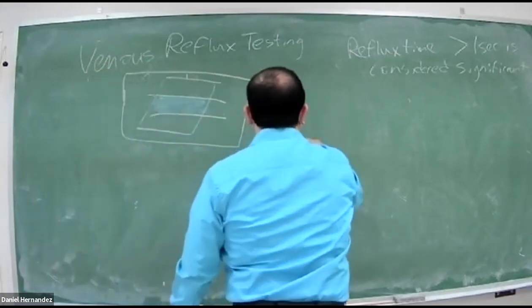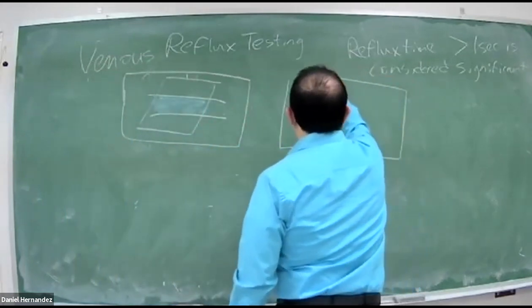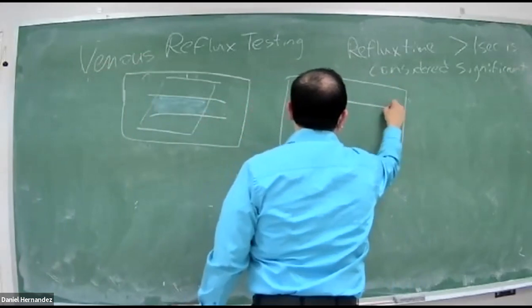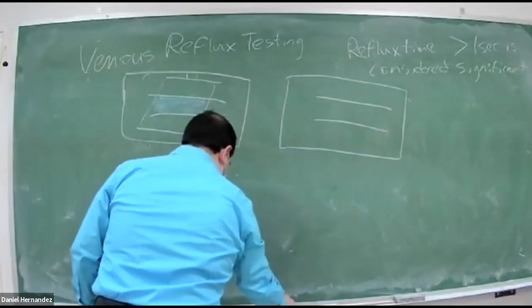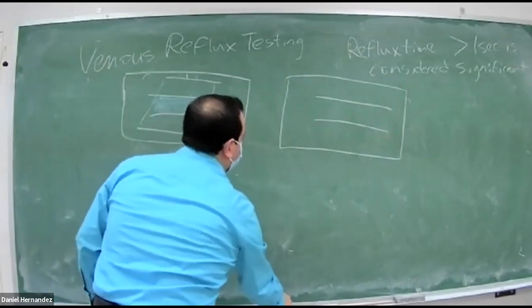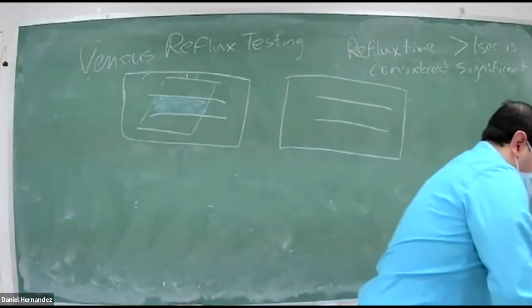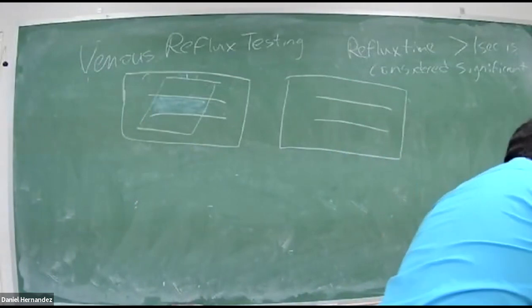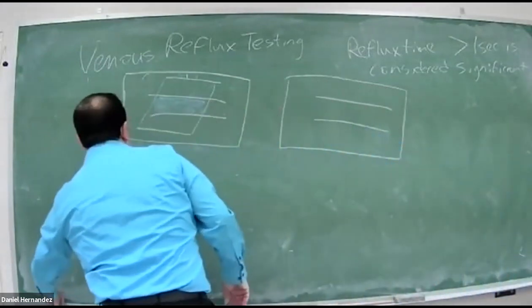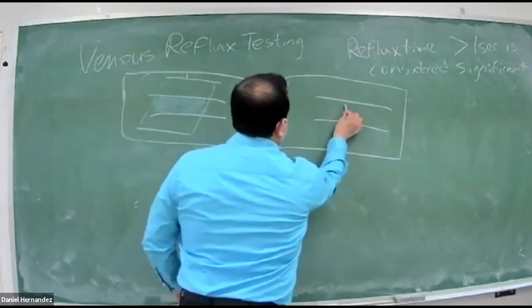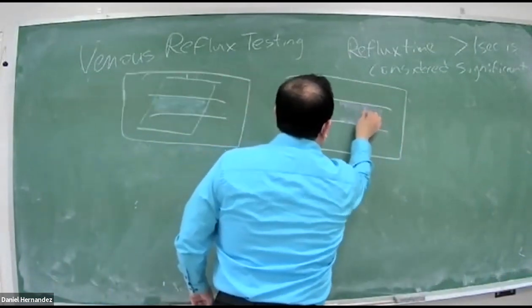And then when we have them Valsalva, or we do that proximal compression where we're compressing the leg or the vessel above where we're imaging, we should have a change in color.